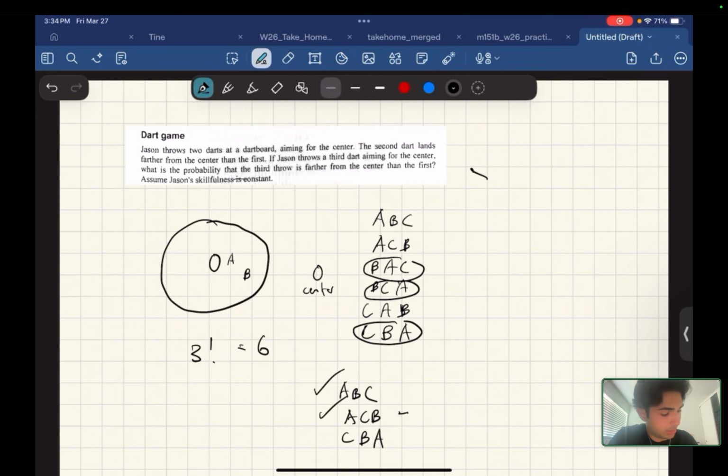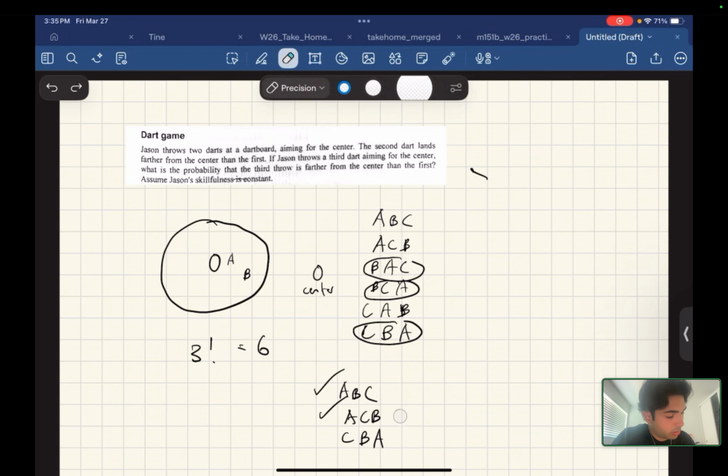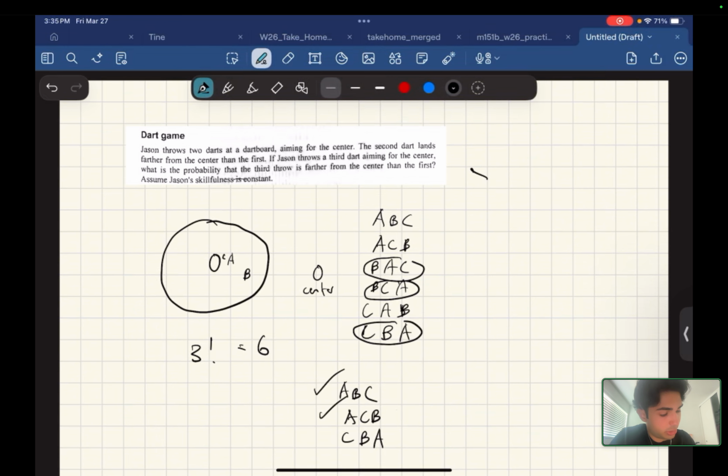It's after B, but after A as well, and that's what matters. And here, it's before B, but all we care about is C being after A. But here, C is closer to the center than A, which is not allowed. So this is our failing case.